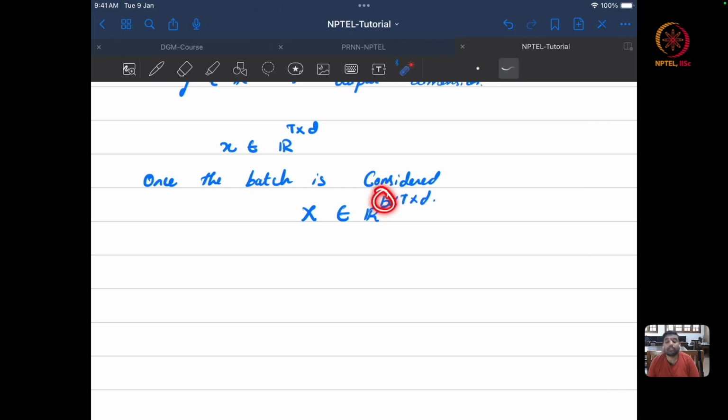Whenever we have the batch as the first dimension, this is what is known as batch first. Here the batch size is the first dimension.